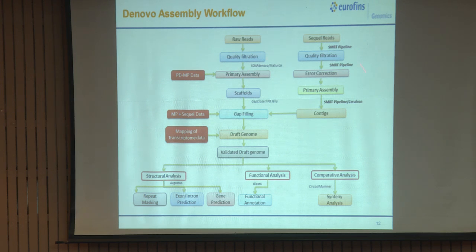We can also do a hybrid assembly using PacBio or any long read sequencing like nanopore. If we are using PacBio, we have a different filtration step, because PacBio reads are longer and have different sorts of insertions and deletions.